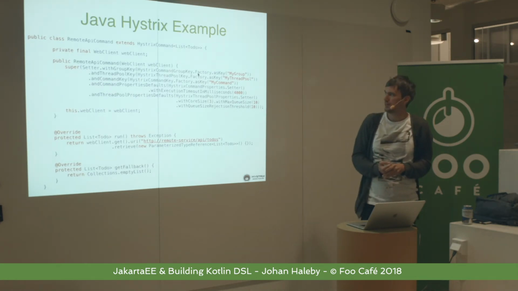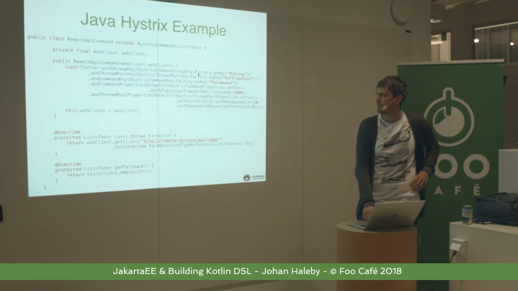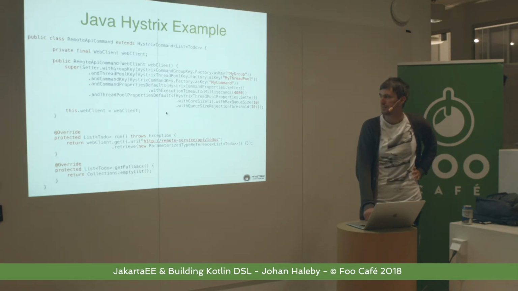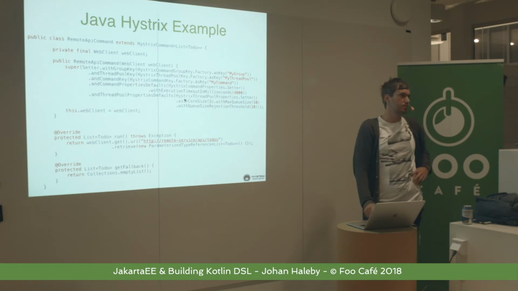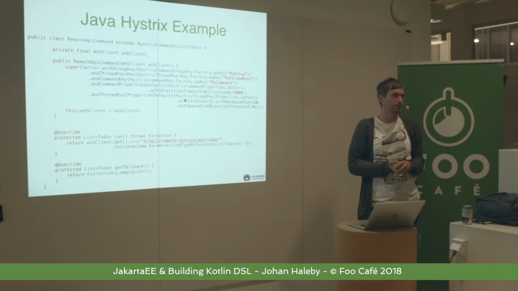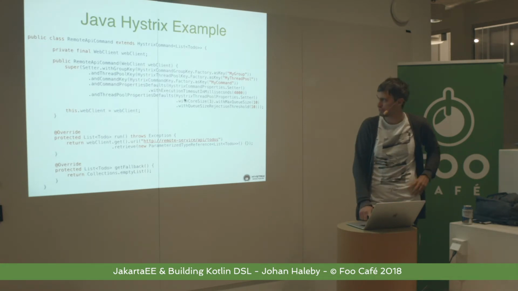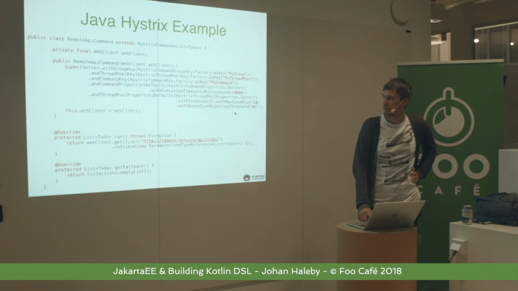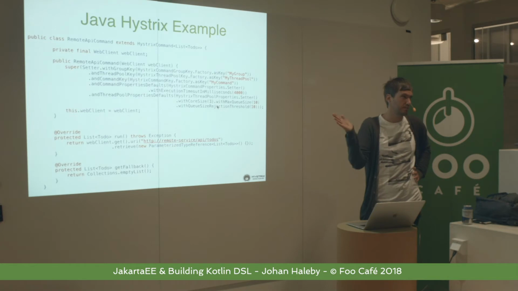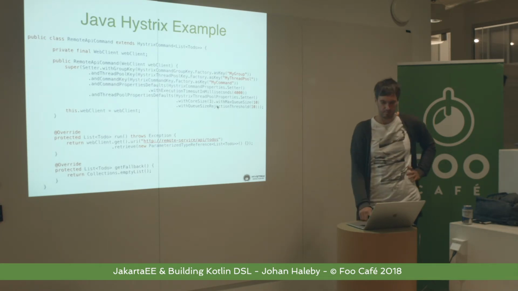And then you can specify different thread pools and all kinds of things. And here we specify a timeout in milliseconds and how many concurrent requests we are allowing in this Hystrix command. And if it's filled up, if there are more than 3 requests, how many can be queued before we just fail fast.